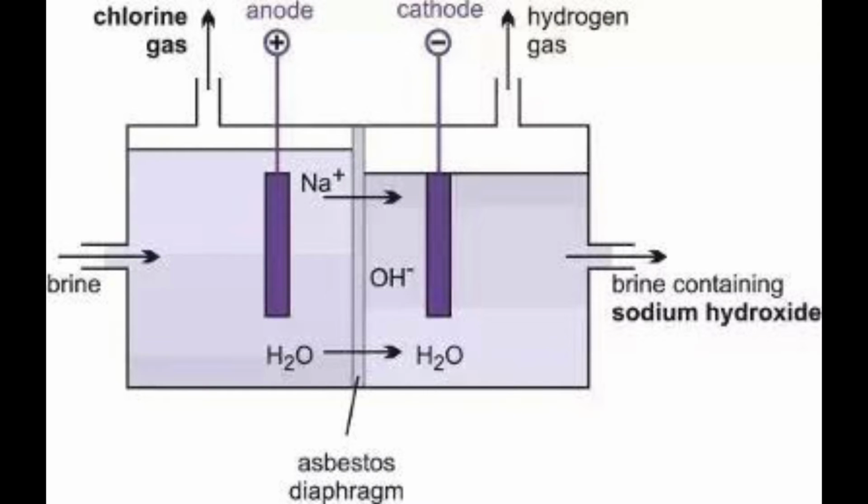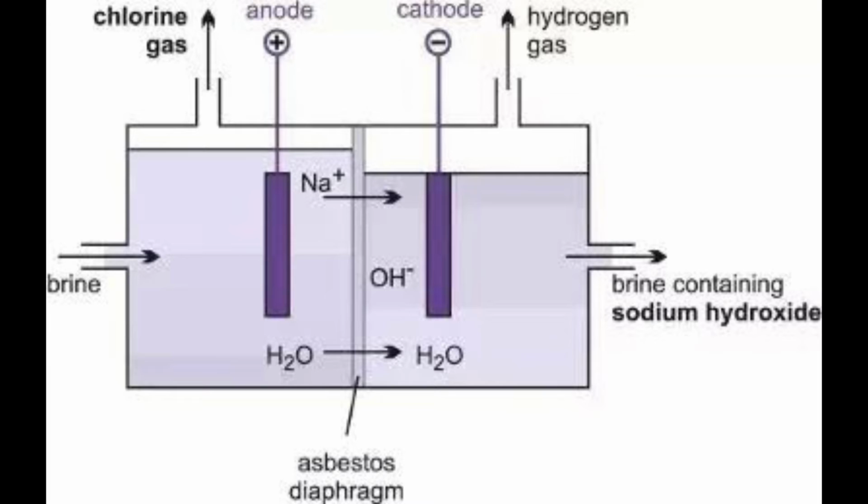This solution of sodium chloride in water is called brine. Electricity is passed through this brine. Sodium chloride reacts with water and decomposes to form sodium hydroxide, chlorine, and hydrogen gas. Chlorine gas is formed at the anode and hydrogen gas and sodium hydroxide is formed at the cathode.